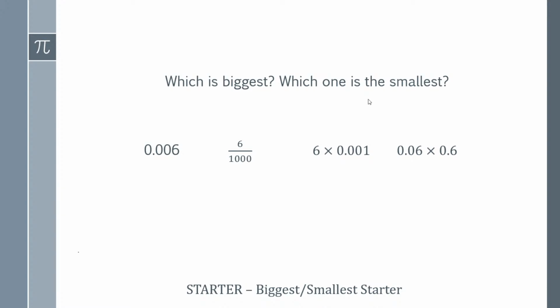So that one would be the biggest one, because it was meant to be 0.1, but I put 0.6. It is secretly the biggest one. The other three are all the same, 0.006. 6 over 1,000 and 6 times 0.001 are all 0.006. But the other one is 0.0036. So that one will be the smallest.